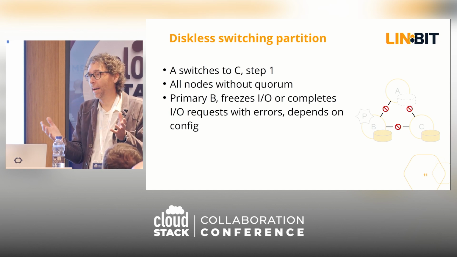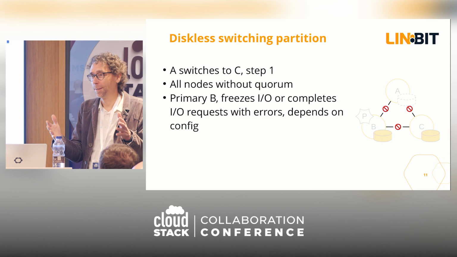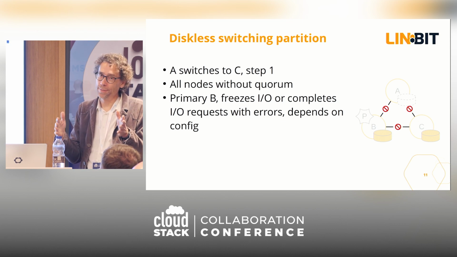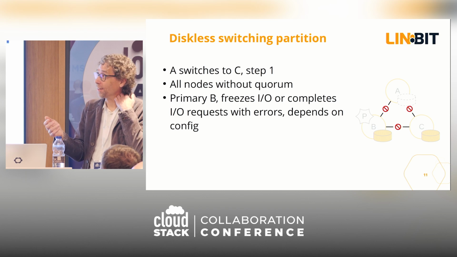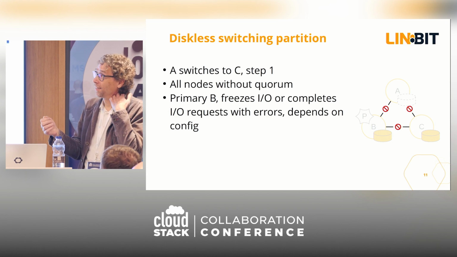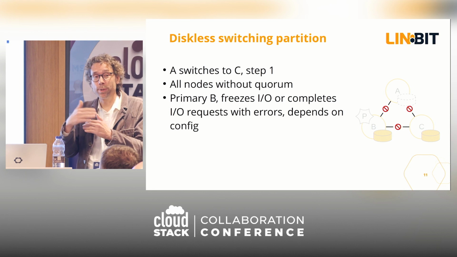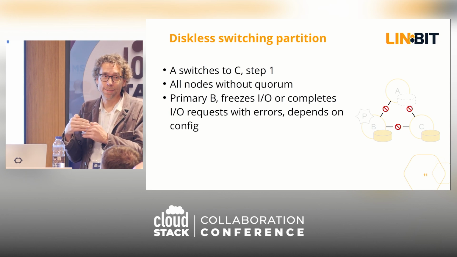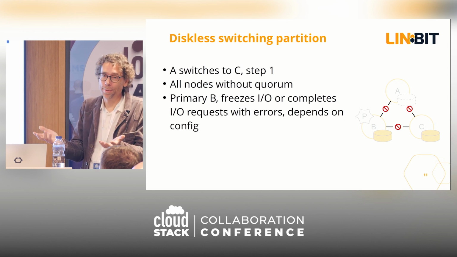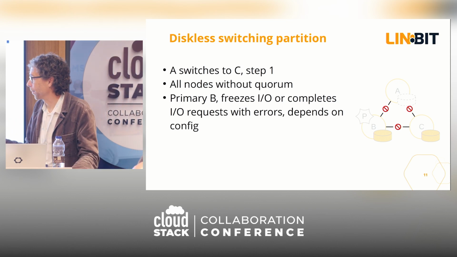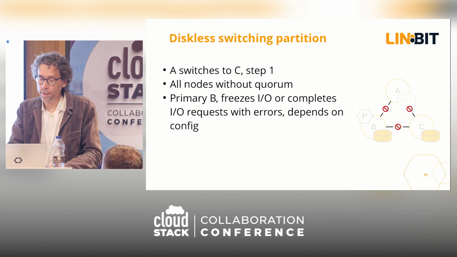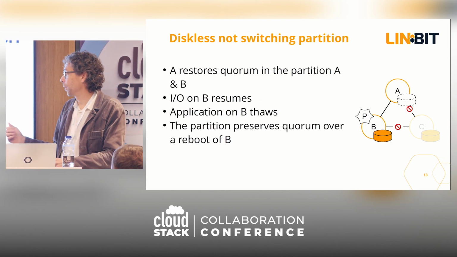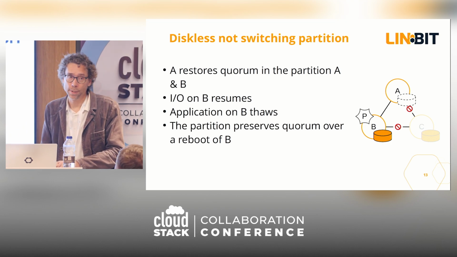Everything stops in D state, or let's say all processes that access it. From the point of view of DRBD, the only process accessing it is KVM. So everything is in pause. It's frozen. It regains quorum when A comes back, so it unfreezes and continues.